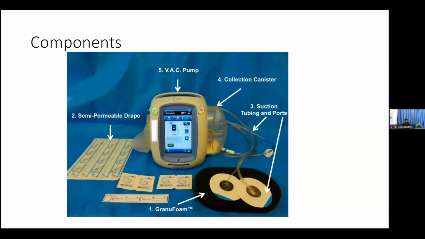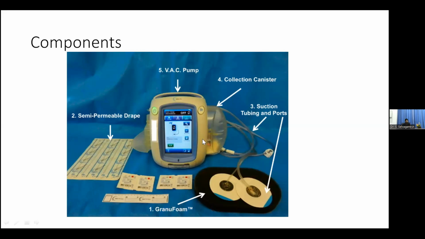These are the components of vacuum dressing. This is the foam that is applied to touch the surface of the wound, and this is the tubing system which connects to the canister here. The canister is given a suction pressure of 120 negative by this machine. This machine is basically a mini computer which can give pressure continuously or intermittently, depending on the modality we select.